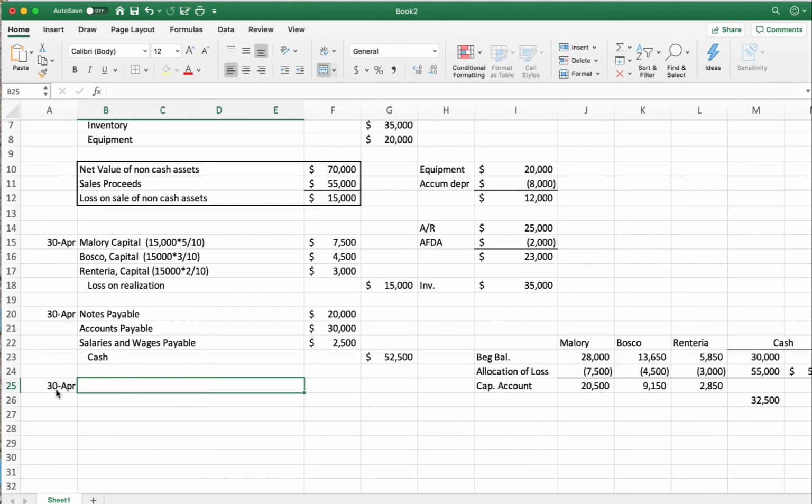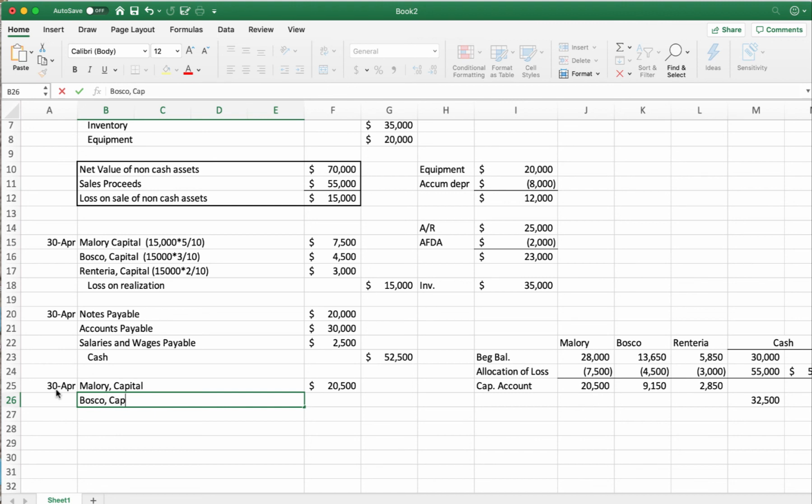And we're doing it on April 30th. So we're going to debit first Mallory Capital for the amount of $20,500, because that's how much her capital account is worth after selling all the assets, paying all the liabilities. Okay, we do the same thing for Bosco.